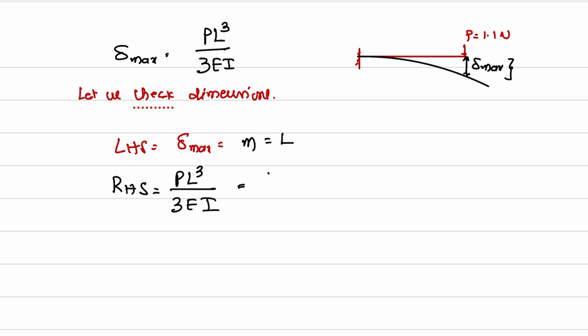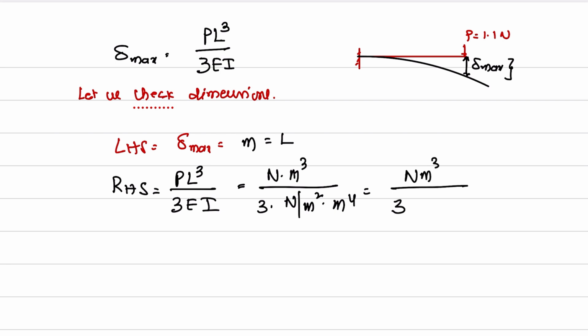P is in newton, L cube in meter cube, divided by 3 into Young's modulus. Young's modulus is in newtons per meter square, stress by strain, into I, which is in meter to the power of 4. That is newton meter cube divided by 3 newton meter to the power of 4 by meter square.